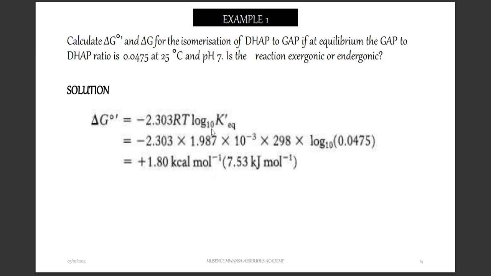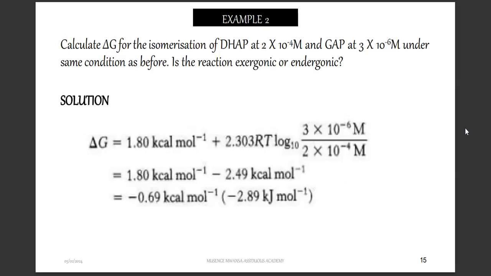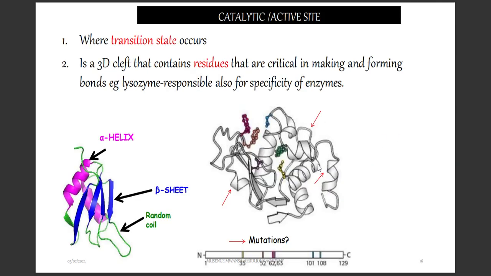And then log of K is given by the ratio of the product over the reactant, but it has already been given there. So you find that your answer is positive. So since the answer is positive, is this reaction endergonic or exergonic? Anyone to answer that one? Yes, very good. Okay, so that will be the same one with this one, so I don't need to concentrate on that.